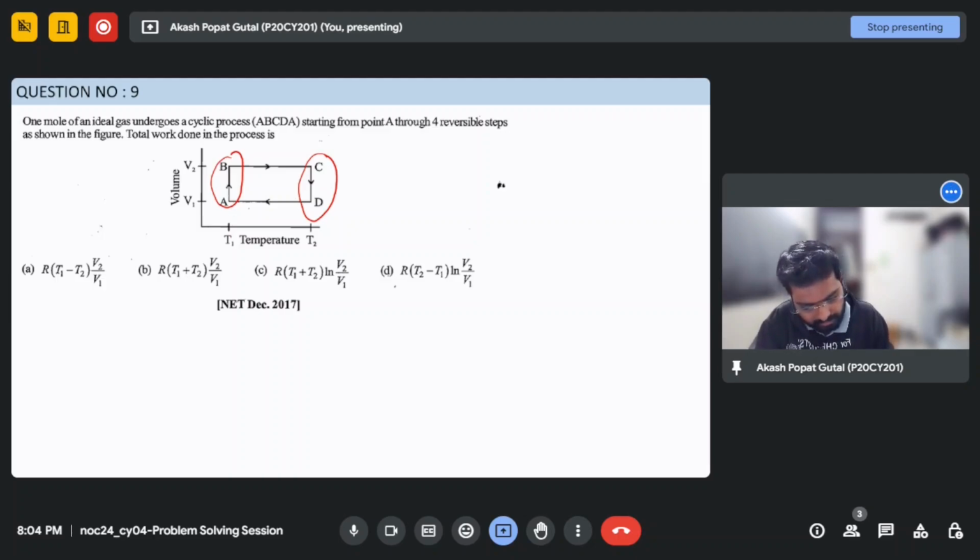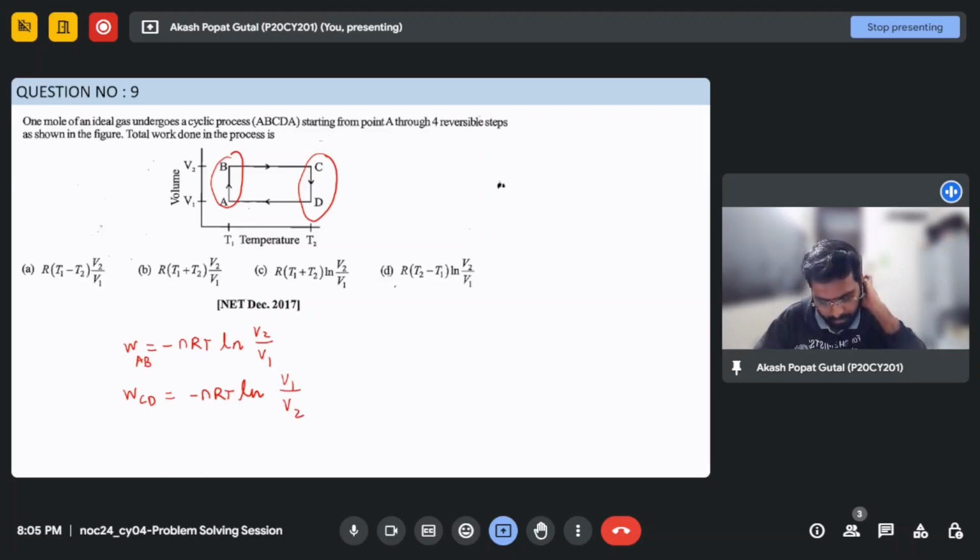Then the work done is minus nRT ln V2 by V1 for A to B, and for C to D it is minus nRT ln V1 by V2.